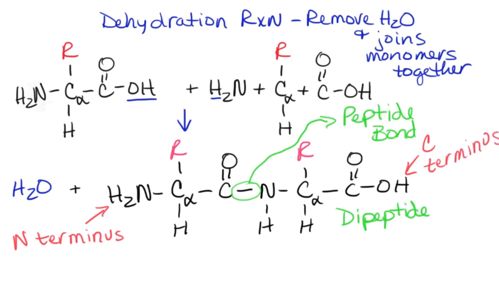These are just names to refer to those two different ends of the molecule. Regardless of how long this molecule ends up, even if it is 1,000 amino acids long, we're still going to have one end that has an amino group and one end that has a carboxyl group on it. Also, just to emphasize again here, the R groups do not participate whatsoever in the linking together of the individual amino acids.